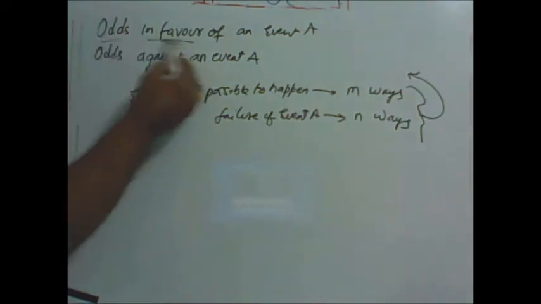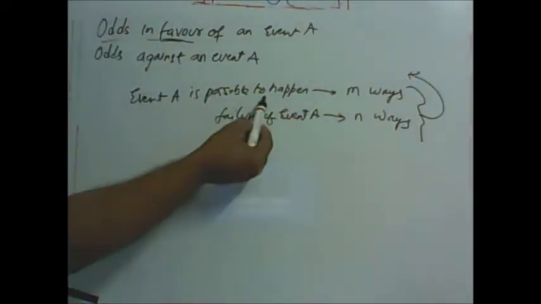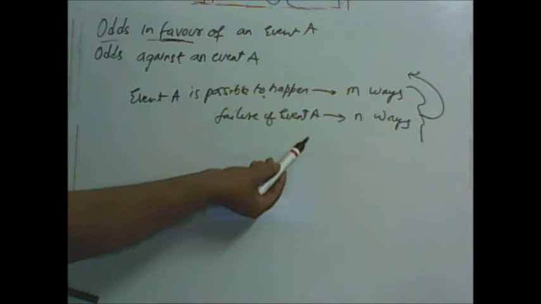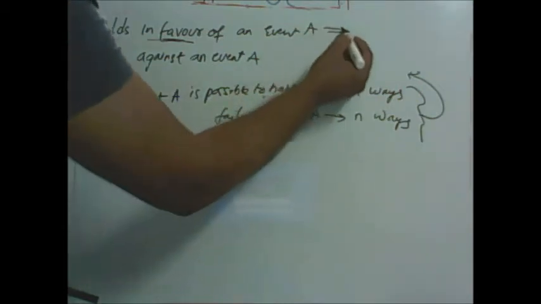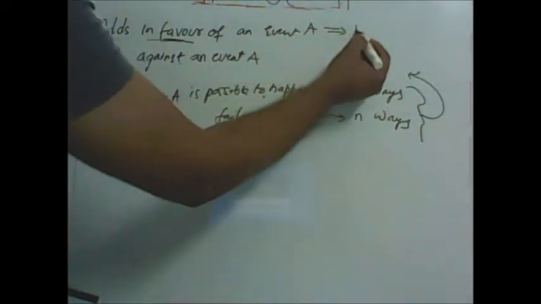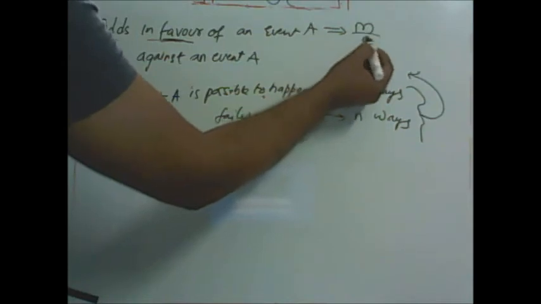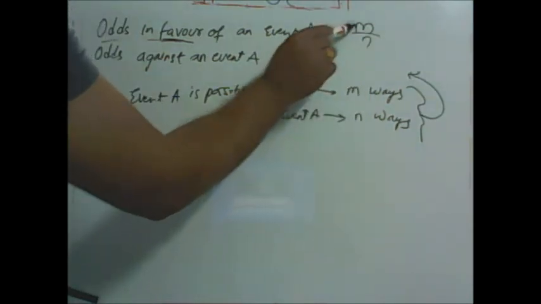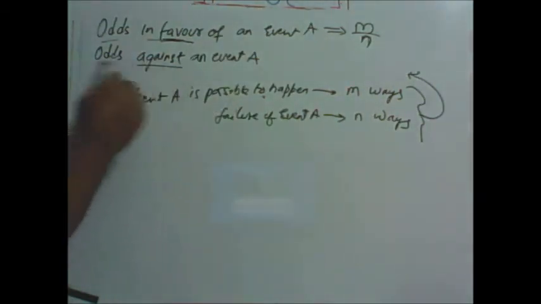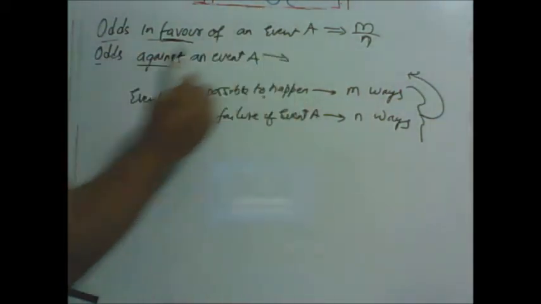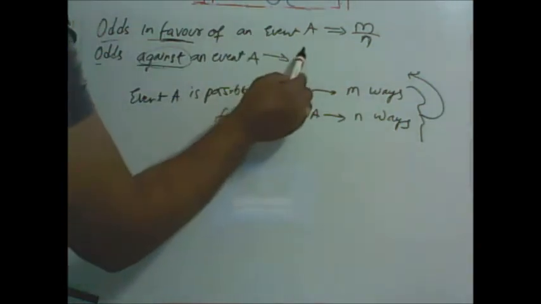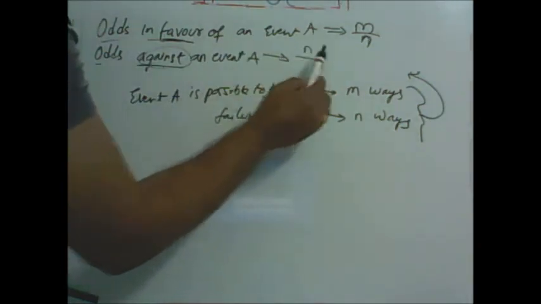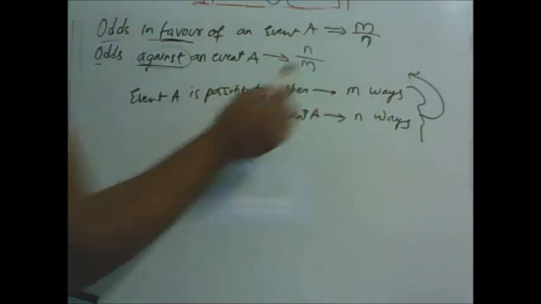Then odds in favor. In favor means how many times it is possible to how many times it is not possible. Odds in favor is the ratio of the number of ways it is possible to the number of ways it is not possible. When it is odds against an event, which is not possible will come in the numerator, and which is possible will come in the denominator.